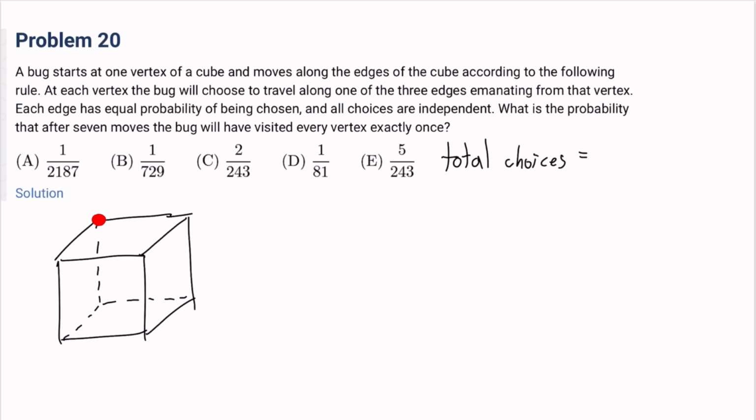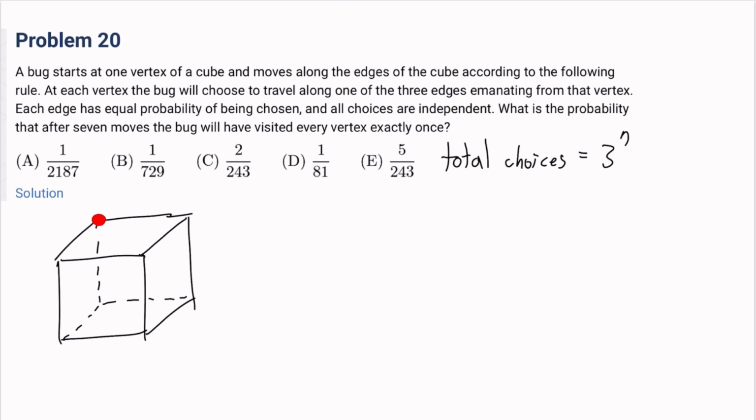That is going to be 3 to the 7th power, right? Because at every vertex there are 3 ways to choose, and the 7 is because this is after 7 moves, right?